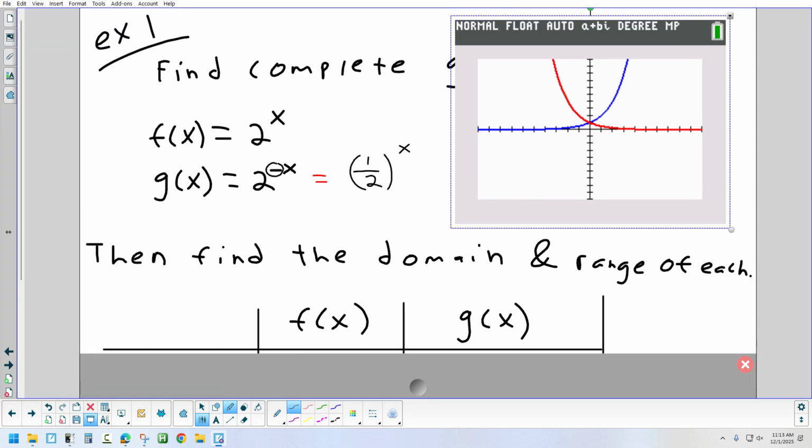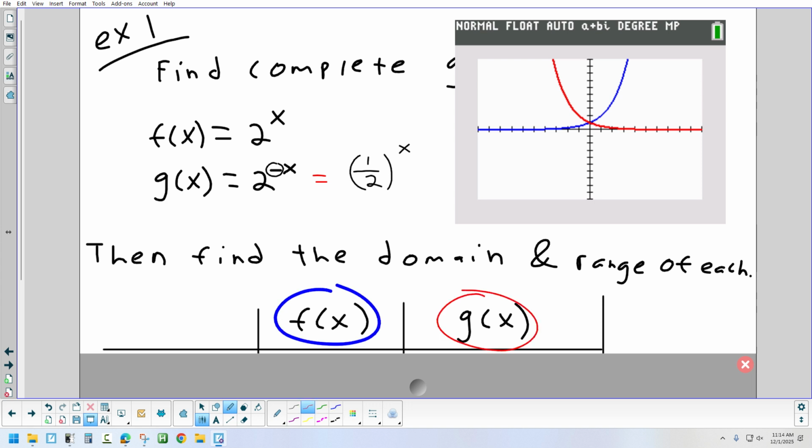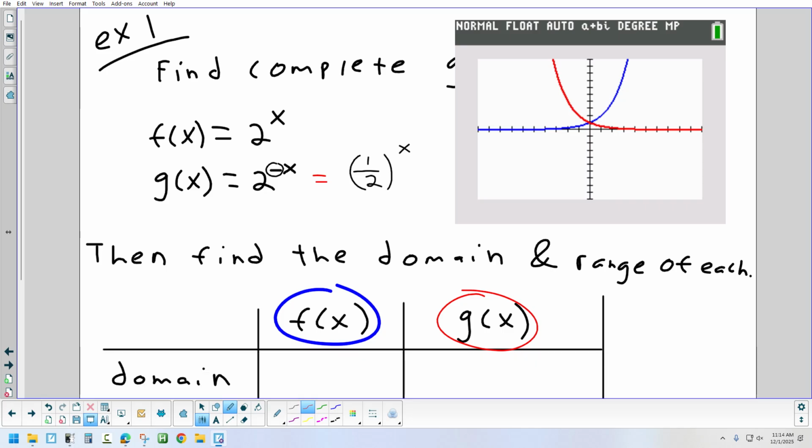So let's look at, let's see, f of x was 2 to the x. That's the blue one. G of x was the red one. What's the domain of the blue one? Yeah. All real numbers. You cannot change the domain of an exponential function.